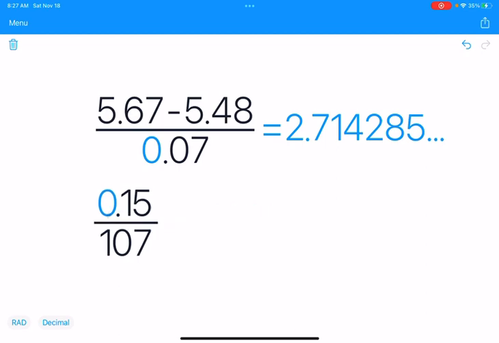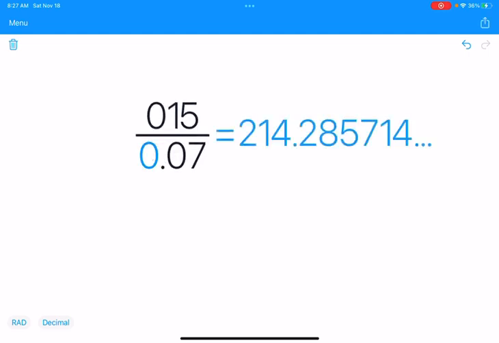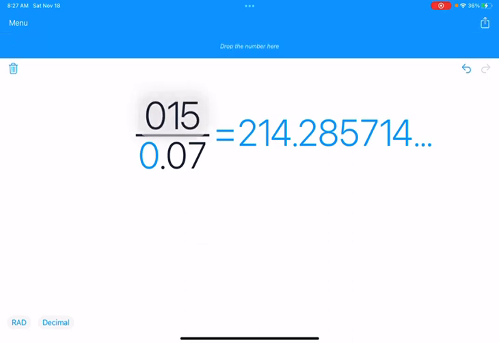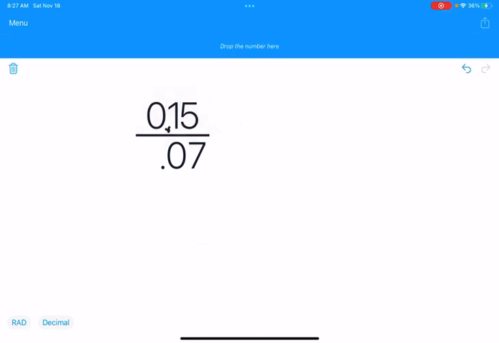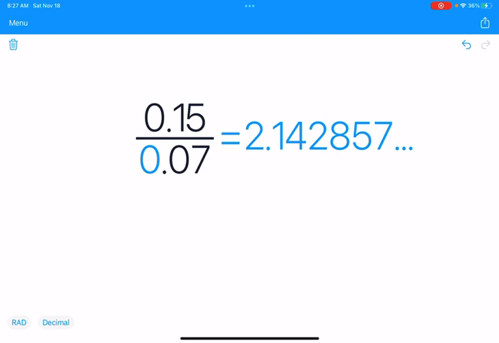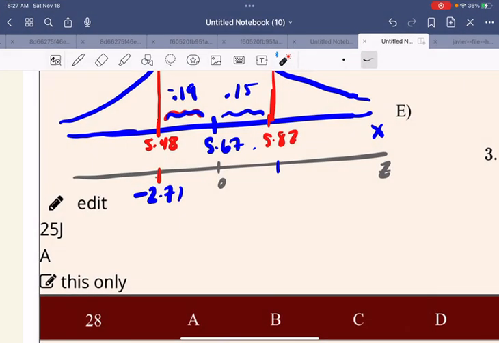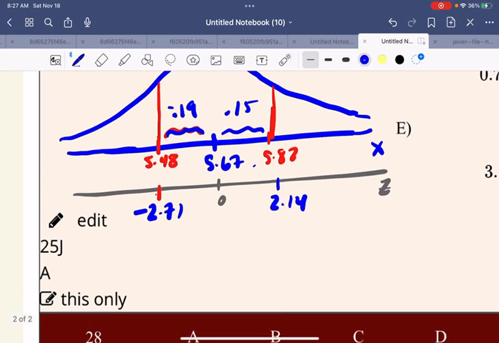That gives 2.14. There, I converted to z-scores.